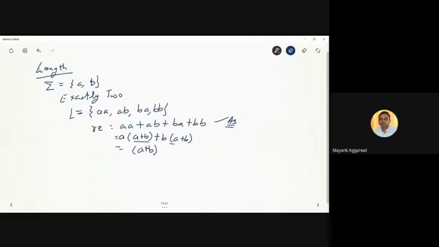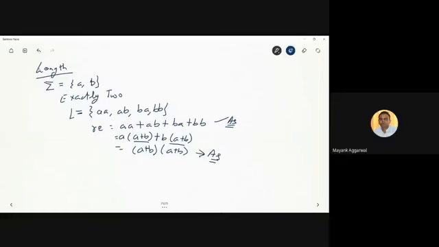This A plus B is common, so let's take this outside, and what comes inside is A plus B. So this is the simplified answer for the regular expression of strings of length exactly 2.